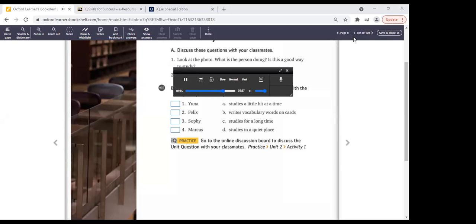Yes. Marcus, what is the best way to study? Well, I learn vocabulary best when I write the words on cards. I practice with the cards when I'm waiting for a bus or waiting for a friend. I don't study everything at once, and I don't study in quiet places.